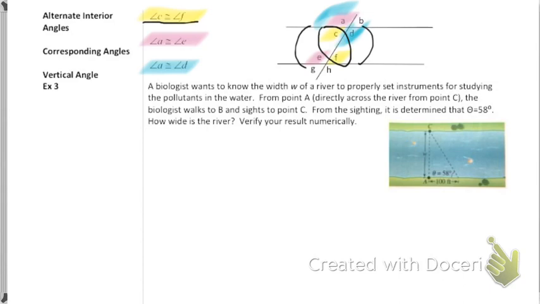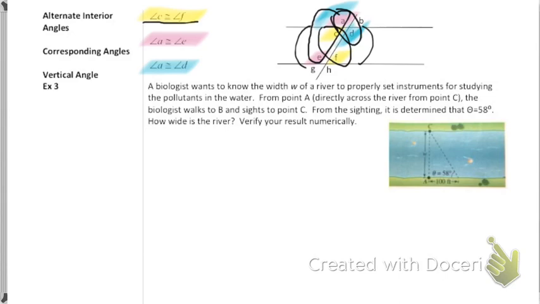Angle A is congruent to angle E. So angle A is corresponding to this angle, and corresponding angles are congruent. And angle A is congruent to angle D. These are vertical angles over here, and vertical angles are congruent. This should be a review, as you might have learned it in grade 2 or grade 3.